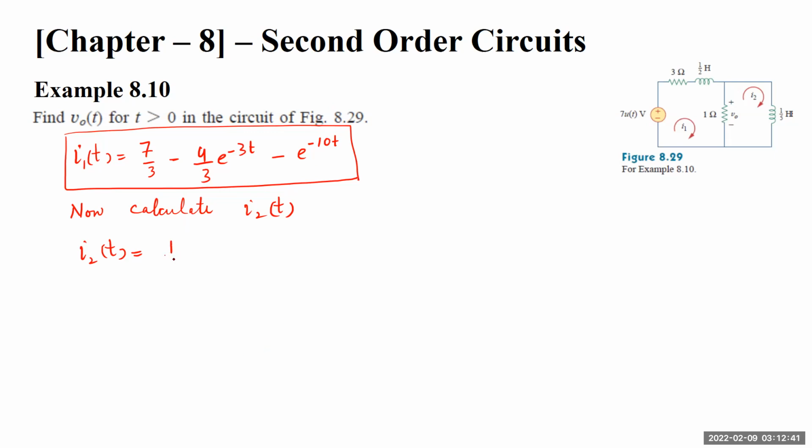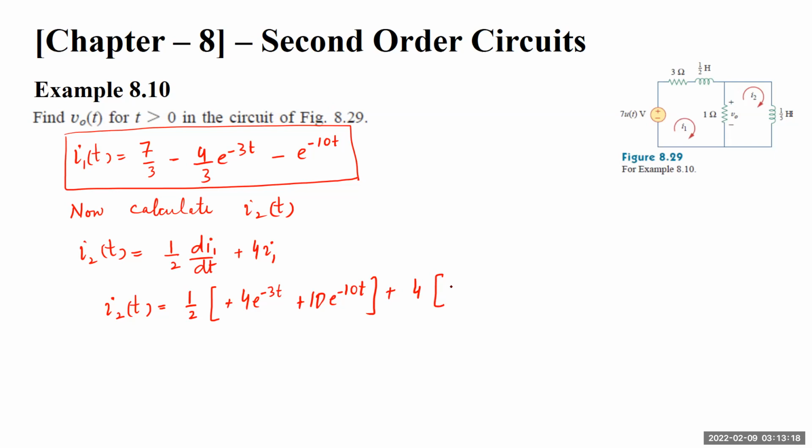If I differentiate the above equation, we get plus 4 e raised to power minus 3t plus 10 e raised to power minus 10t, plus 4 times 7/3 minus 4/3 e raised to power minus 3t minus e raised to power minus 10t.